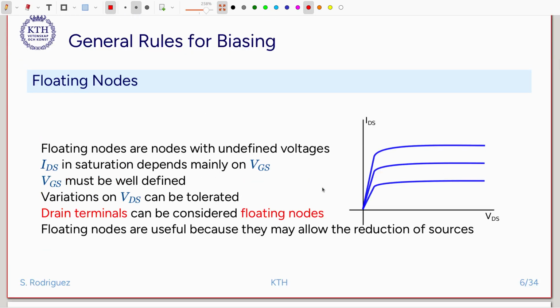So some general rules for biasing. We have our transistor, and the output curves for our transistor look like the plot that we have on the right.